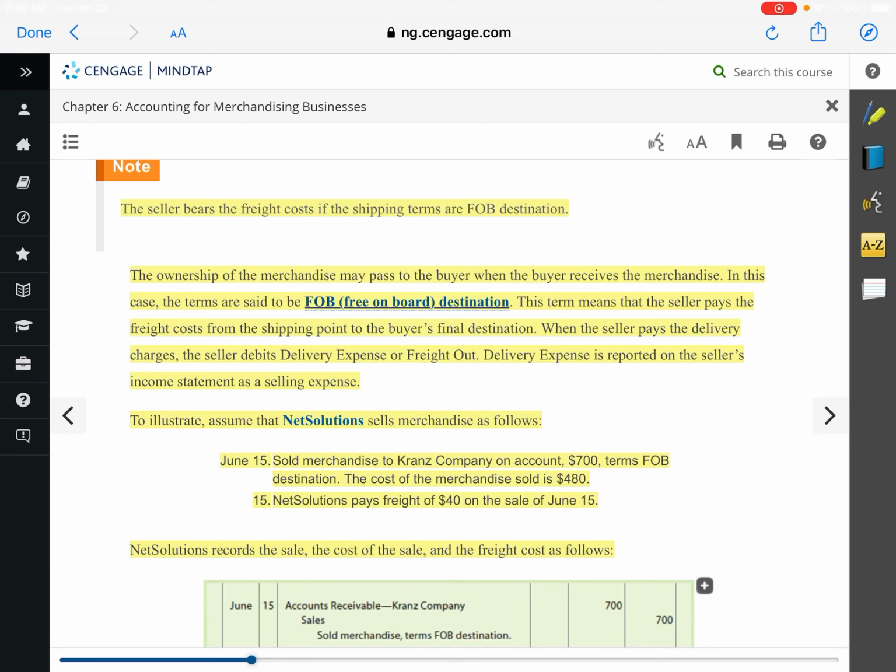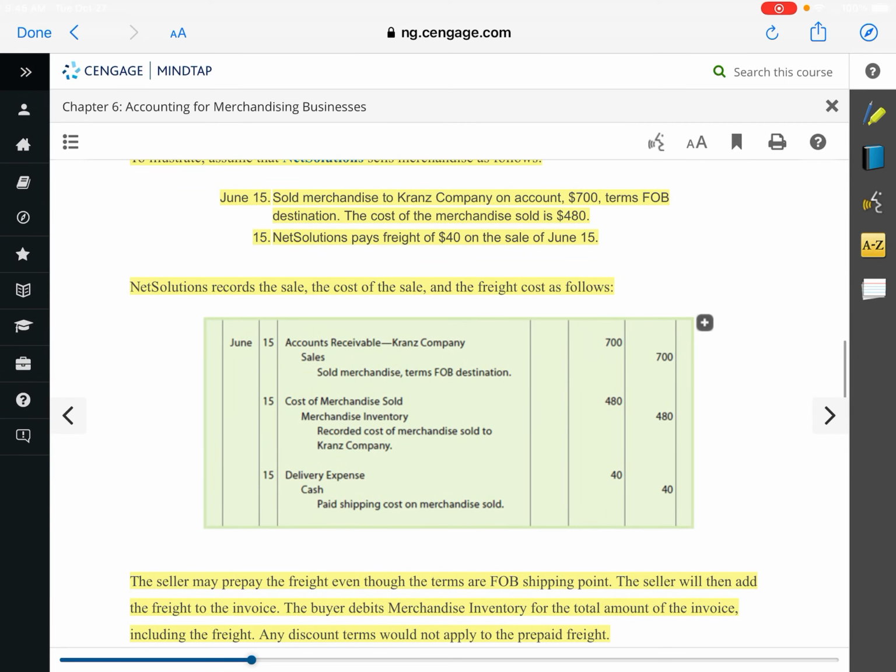All right. So on June 15th, we sold merchandise to Kranz Company on account for $700. The terms were FOB destination.